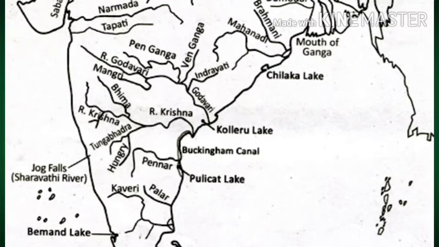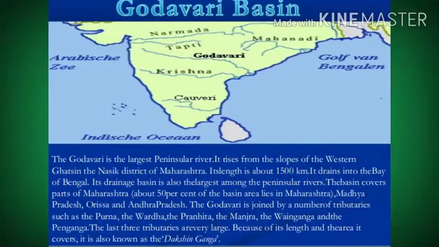The Krishna is the second largest east flowing peninsular river, which rises in Mahabaleshwar in the Sahyadri. Its total length is 1401 km.